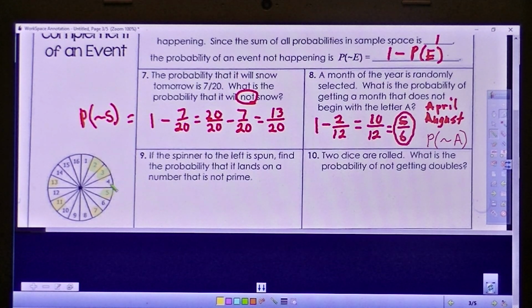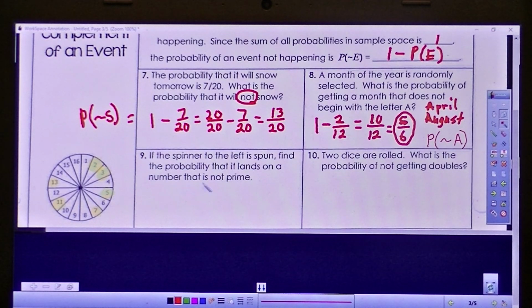So how many numbers are not prime? 1, 2, 3, 4, 5, 6, 7, 8, 9, 10. Alright, so our formula should be 10 over 16 when we're done. Okay? So the probability that the number is not prime would look like this. Probability not prime. Okay? This piece is for probability, that's for prime.